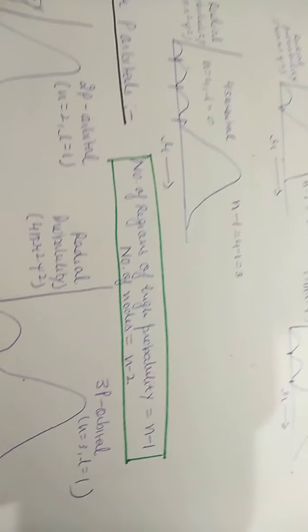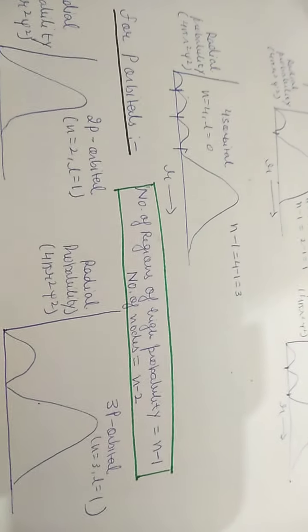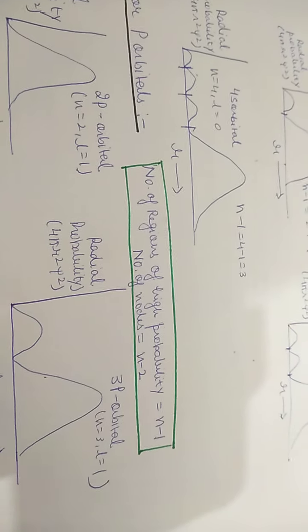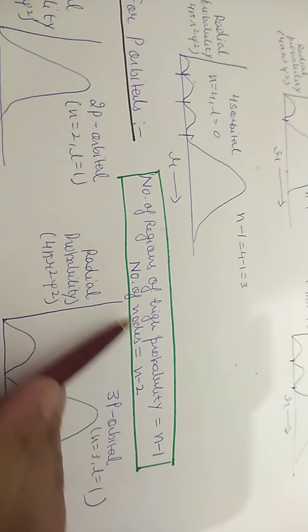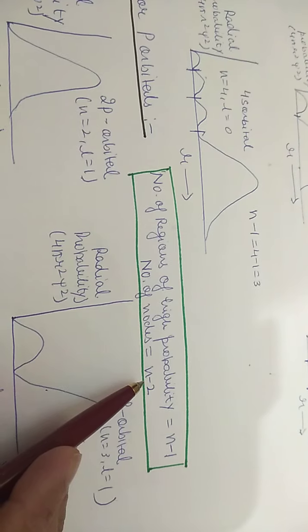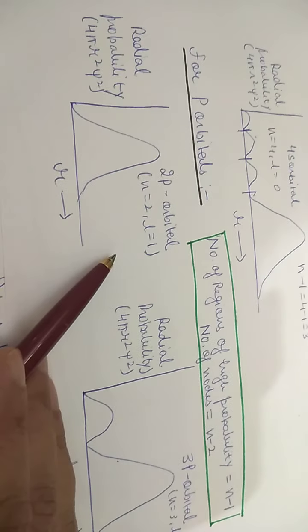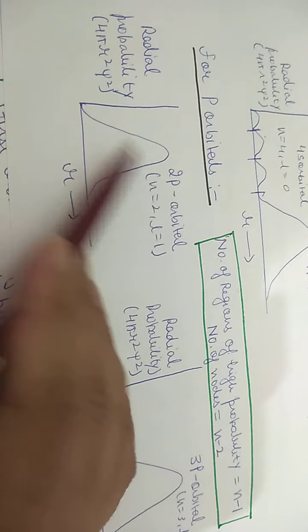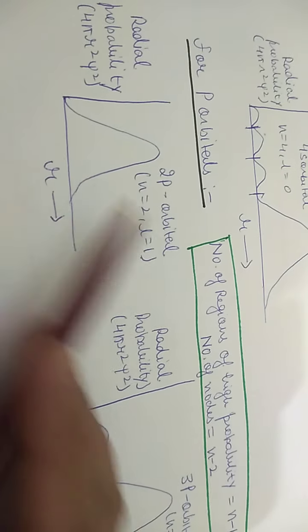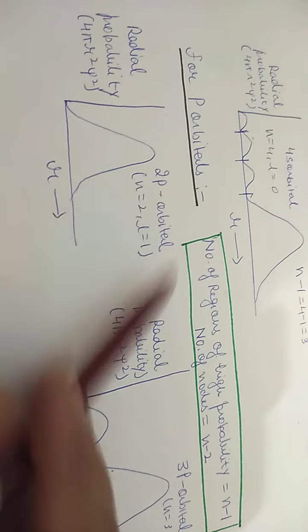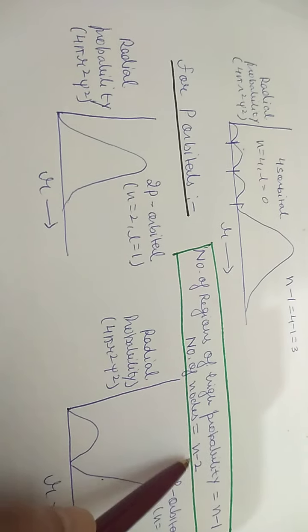Then for the p orbital, the number of regions of high probability is equal to n minus 1, and the number of nodes is equal to n minus 2. For 2p there is no node and there is only one region. Regions of high probability: n minus 1, 2 minus 1, 1; nodes: 2 minus 2, 0.